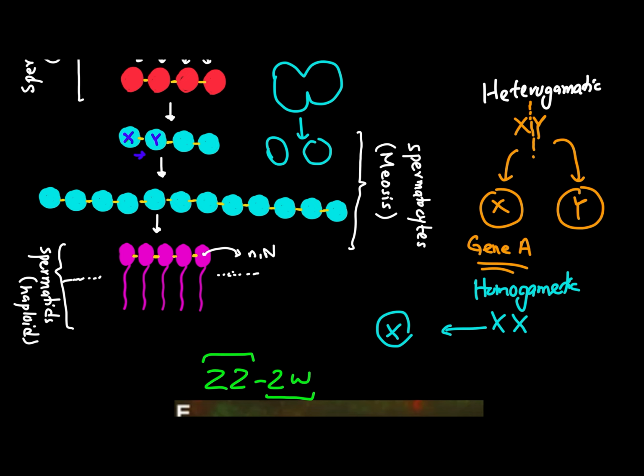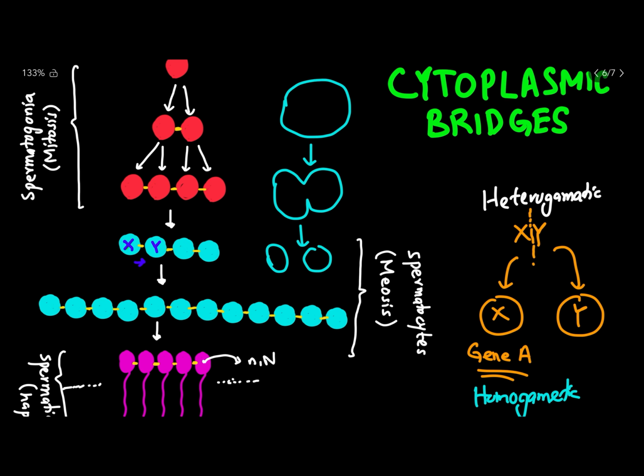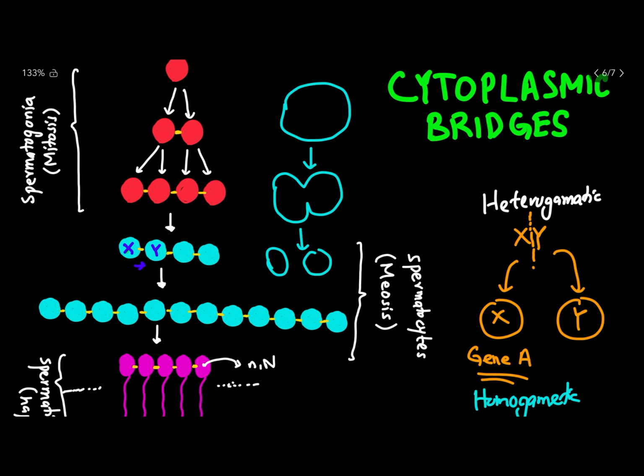Of course, we must see whether the genes and proteins required for the gametogenesis process are present on both chromosomes or on just one chromosome. So that was the reason why we need these cytoplasmic bridges in the process of spermatogenesis and not in the process of oogenesis, specifically in humans. So see you in the next video.